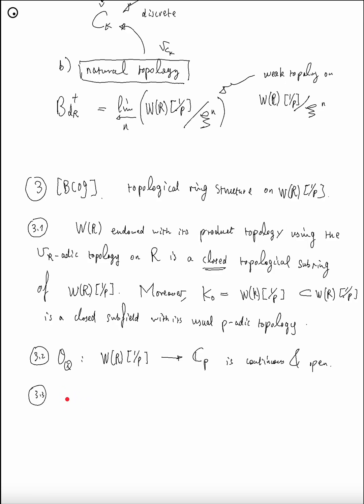Let's consider the multiplication map, multiplication by ξ. This is a closed embedding.